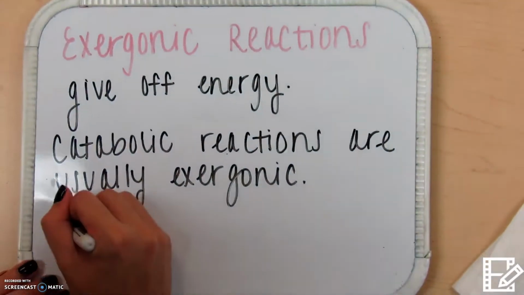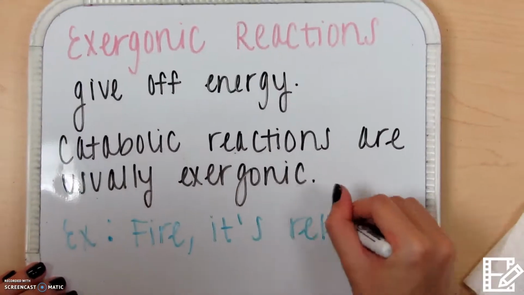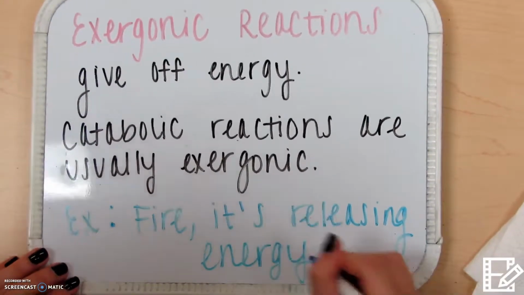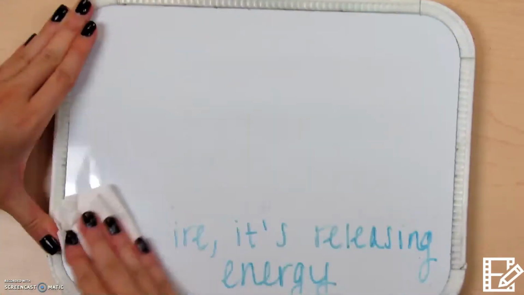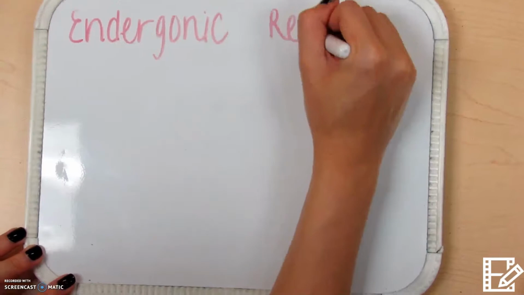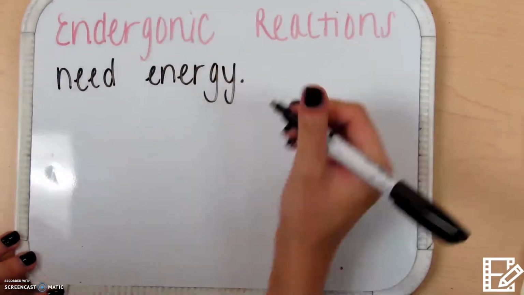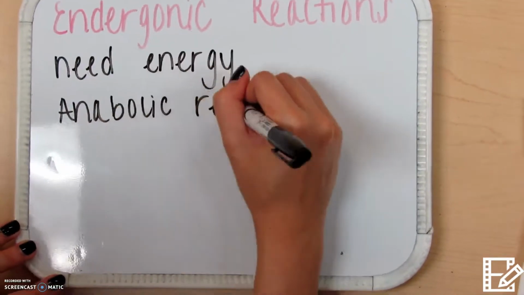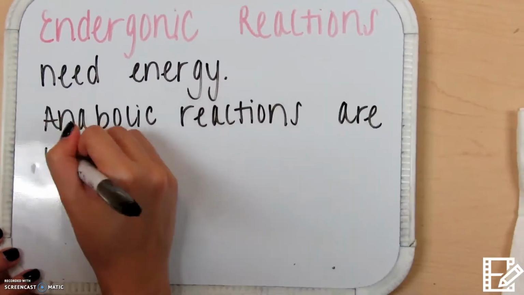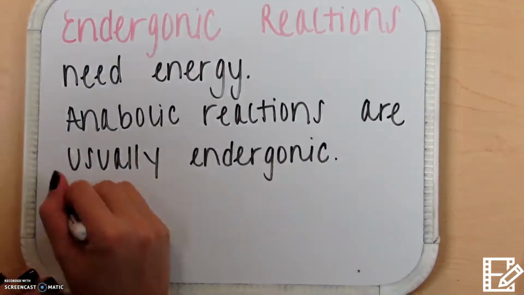And an example of this is fire. It's releasing energy. Endergonic reactions need energy. These are anabolic reactions. And an example of this is if you're building something, you need energy.